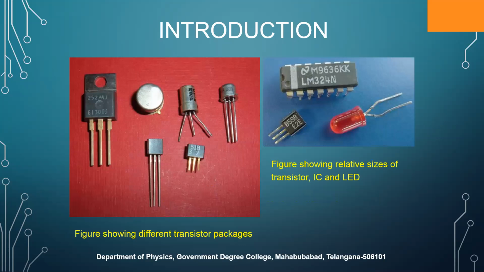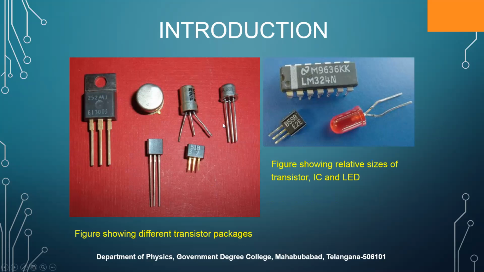Here in the left figure we can see different transistor packages. That means plastic packages and metal packages. Apart from that, these are different types of transistors. One is BC, this is the BC 107 transistor.